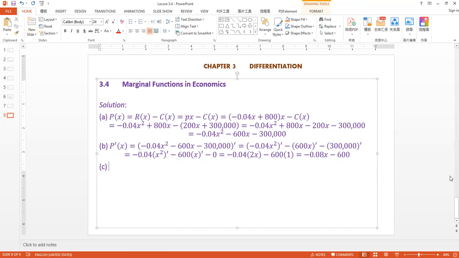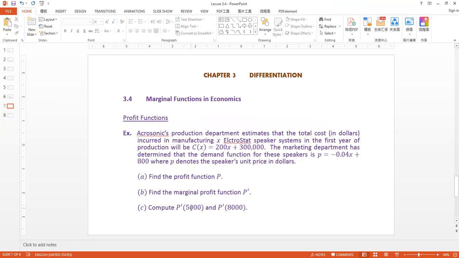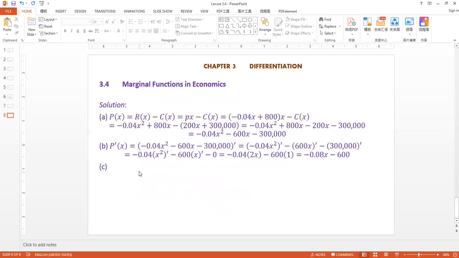Now we still need to do this third part of the question, which is to compute the marginal profit function at x equal to 5,000 and at x equal to 8,000. So let's just do it one by one.